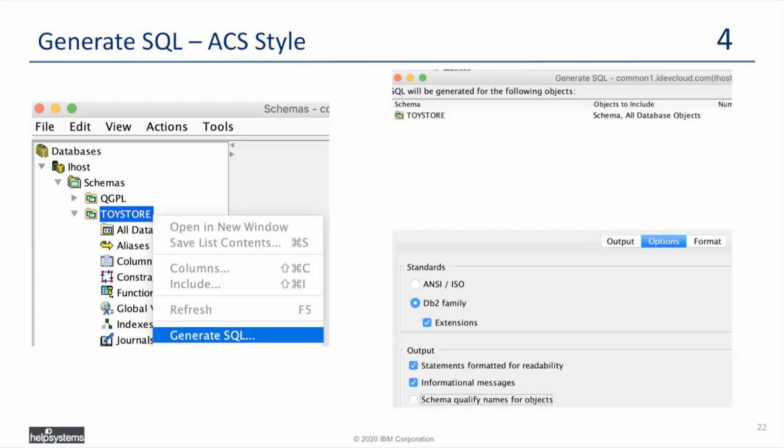Now on the screen, I'm highlighting that when you choose Generate SQL, you have some choices to make. So the right-hand side of the screen shows you options. So you have to choose to go to options, and then you can add and subtract different things. You're directing the database in how you want that information generated.